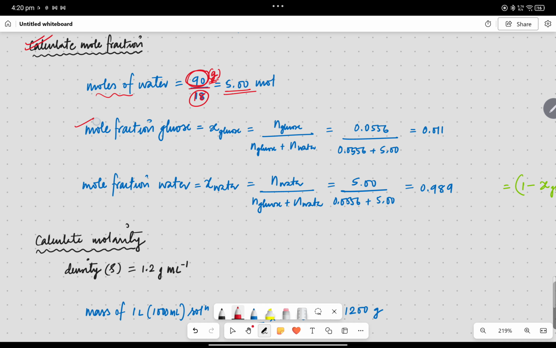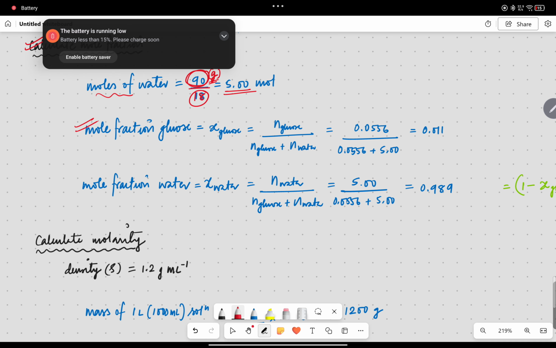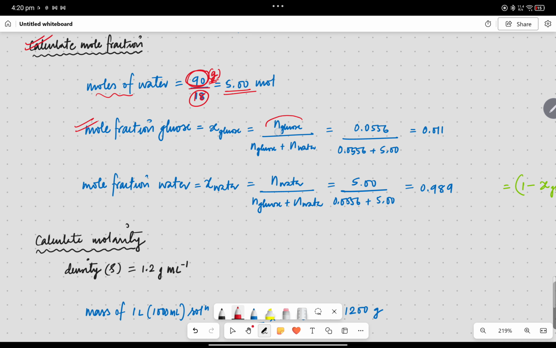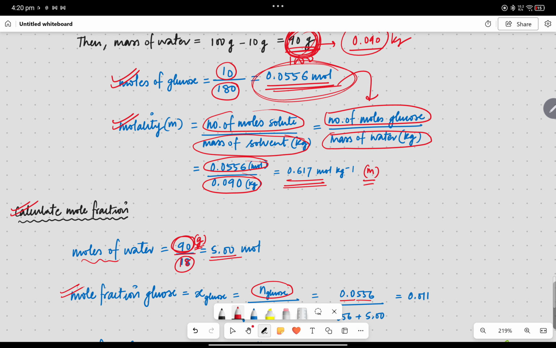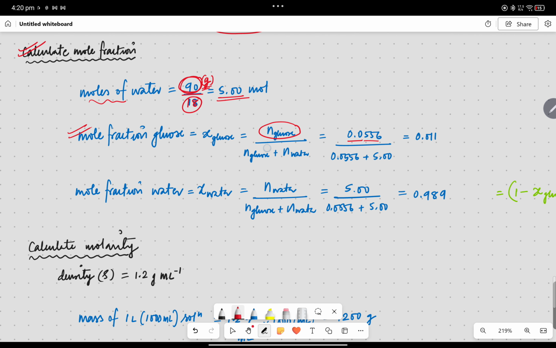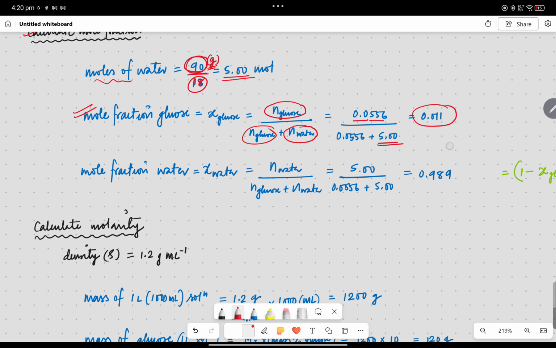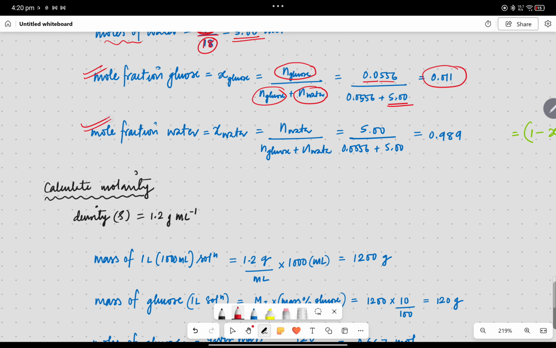And then for mole fraction of glucose, we have number of moles of glucose, that is 0.0556, which you have calculated earlier, and then number of moles of glucose plus number of moles of water in the denominator, and you are going to get 0.011. Similarly for water, number of moles of water by moles of glucose plus moles of water, so 5 by moles of glucose plus moles of water, that is 0.989.